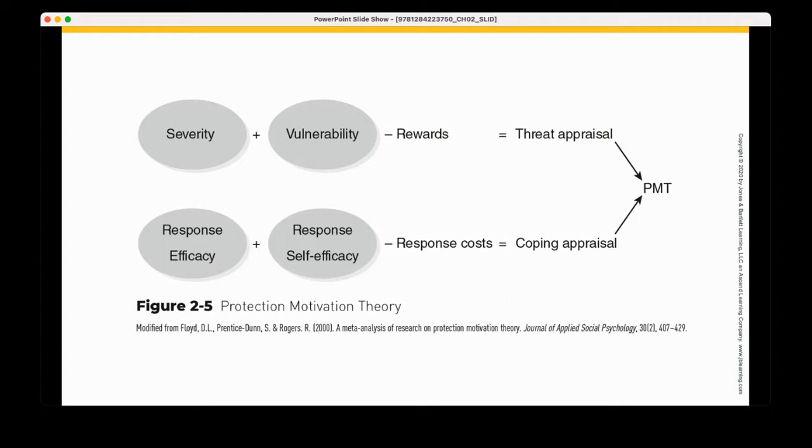Again, protection motivation theory looks a lot like the health belief model, but it's a trimmed down version where you're looking at the threat and at what things you're being asked to do in the coping appraisal. That determines whether or not somebody does a recommended behavior. And that is the protection motivation theory.